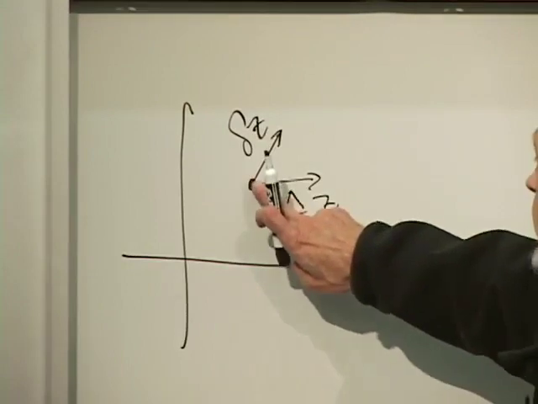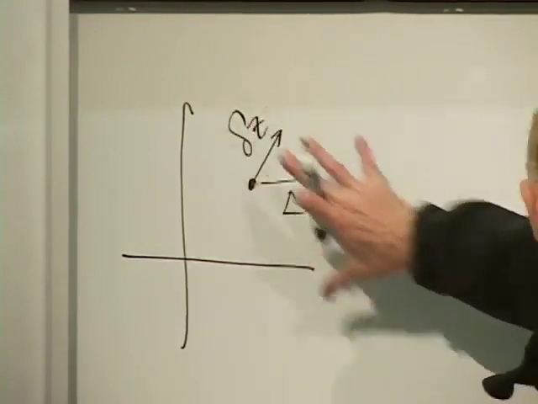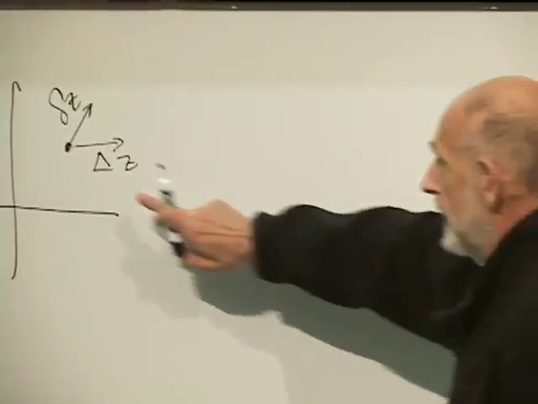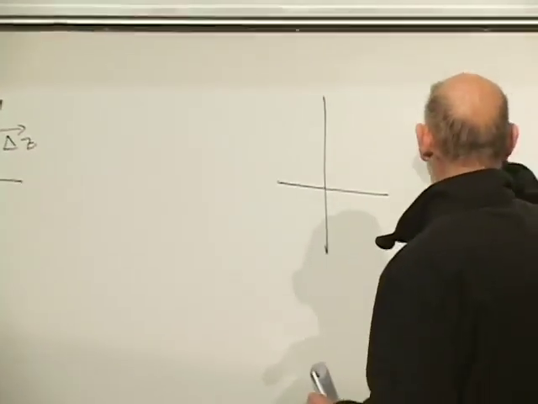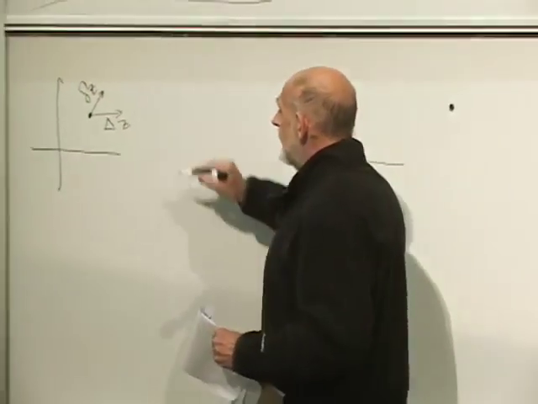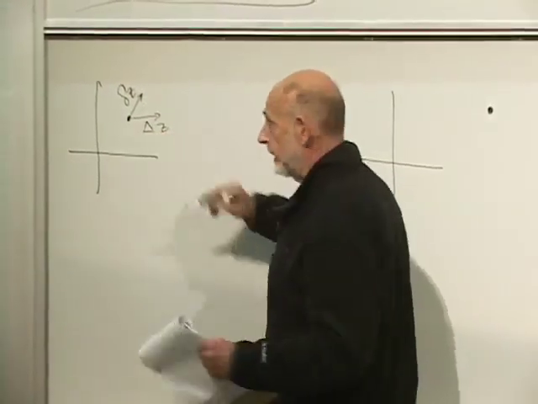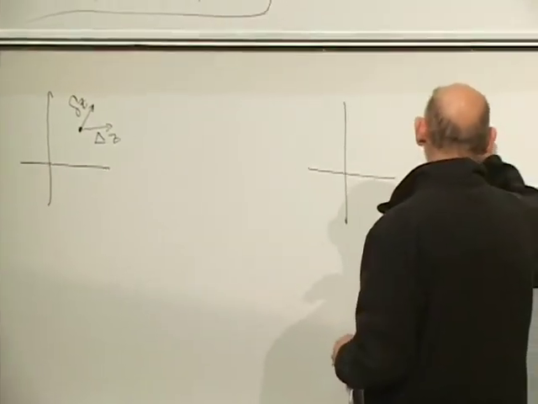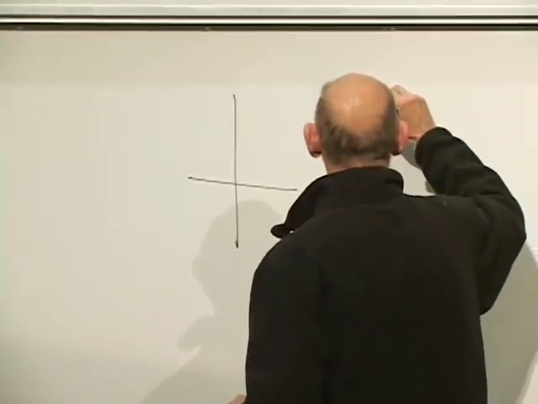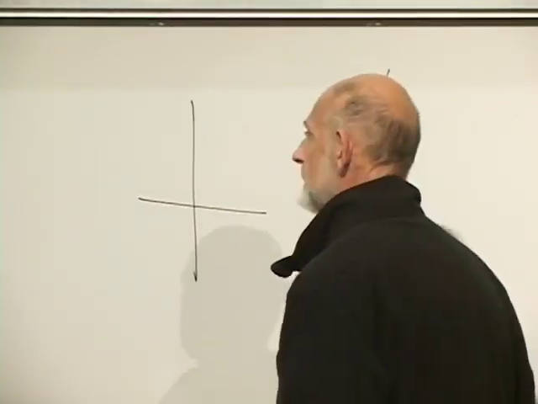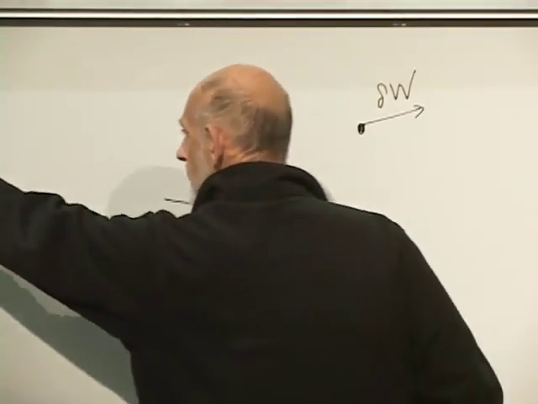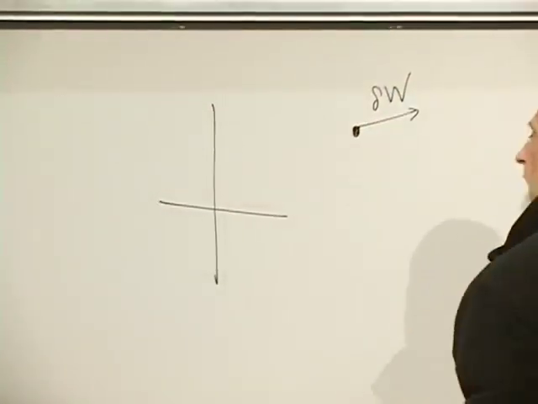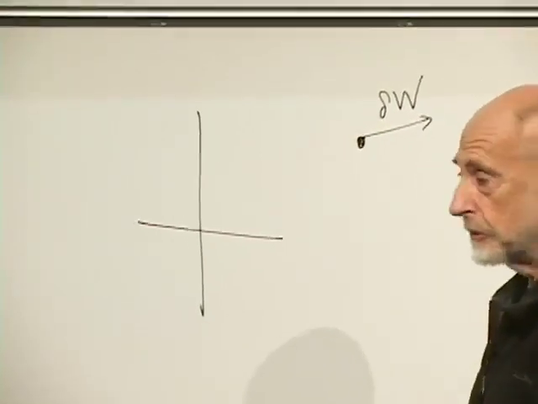Now, I can map every point on this plane to a point on this plane. In particular, this point here goes to here. The endpoints also get transformed. So little delta z gets mapped to little delta w. You take the two endpoints and you map them to here, and that defines a little delta w.